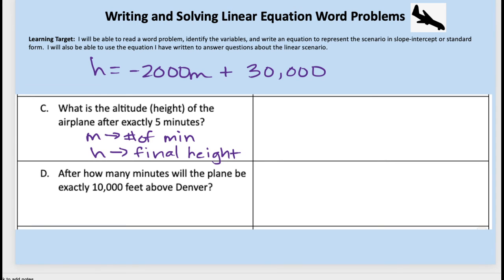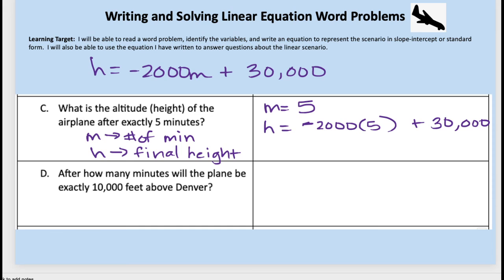So since we have m as 5 minutes, I'm going to substitute that into the equation and replace the m with 5. So h is equal to negative 2,000 times 5 plus the initial height of 30,000.